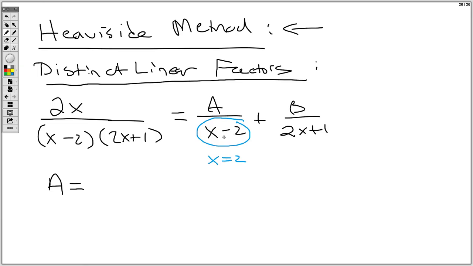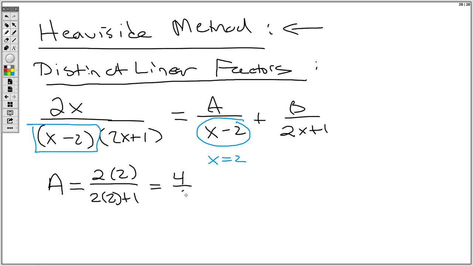So then you go over here and you cover up the x minus 2, pretend it's not there, and plug 2 into the rest of it. Boom, A is 4/5.